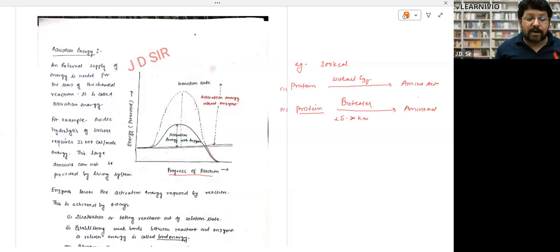But when you add the enzyme, the activation energy becomes low. That is the functioning of enzyme, and that's what this graph explains. If you add the enzyme, the activation energy will decrease and the transition state will take place at a lower energy level. If you are not adding the enzyme, the activation energy will be very high for the same reaction. So without enzyme, the body would take too much energy to digest food, but with the help of enzyme, it takes very little energy.